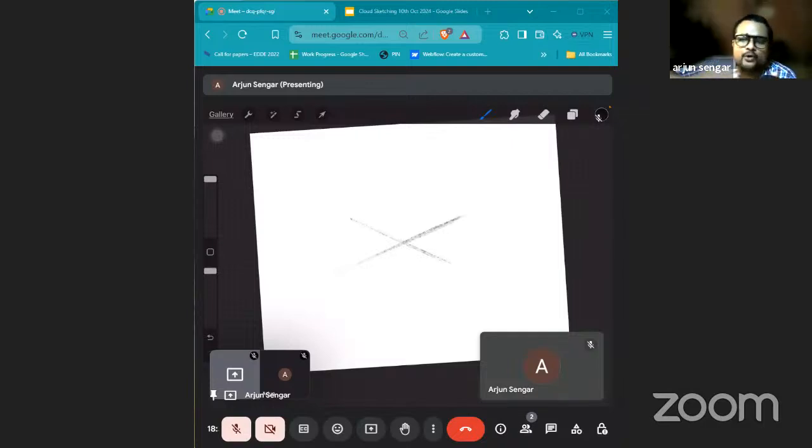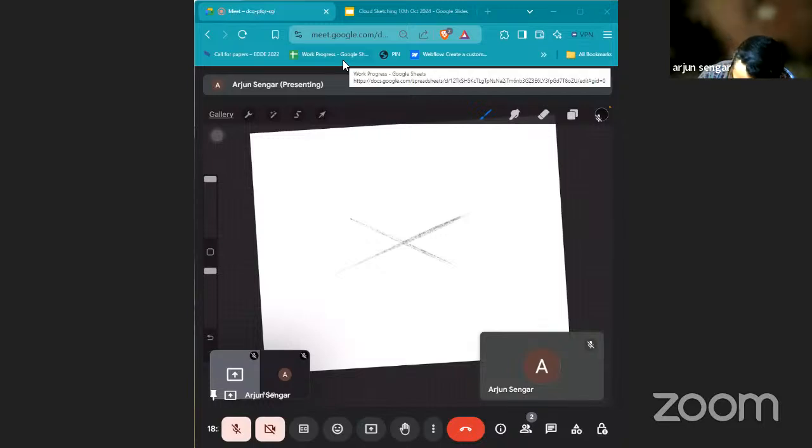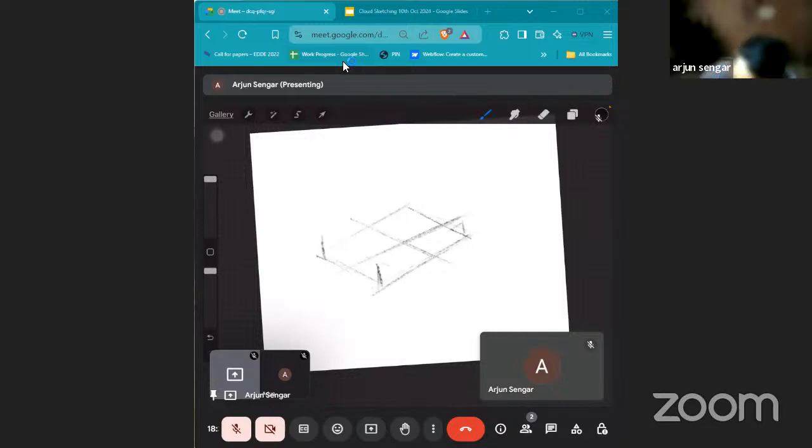How will it appear on the ground? Because now you have an axis, you can draw some parallel lines, you can make a box out of it. Once you have a box, you can develop any form inside.